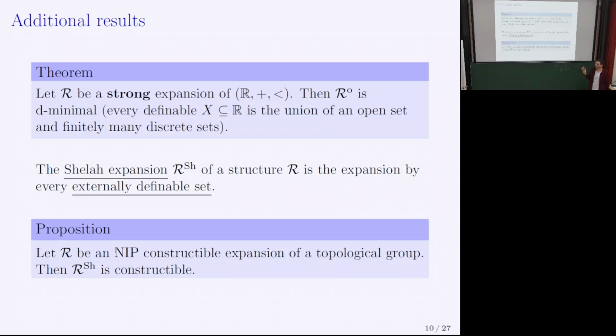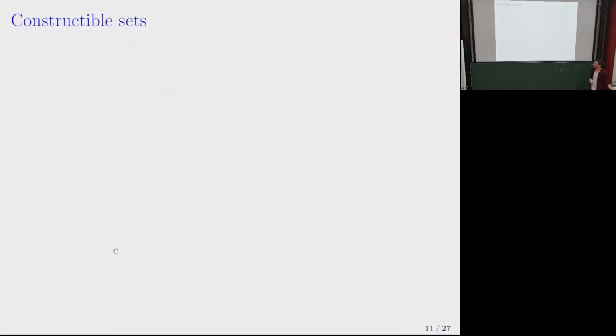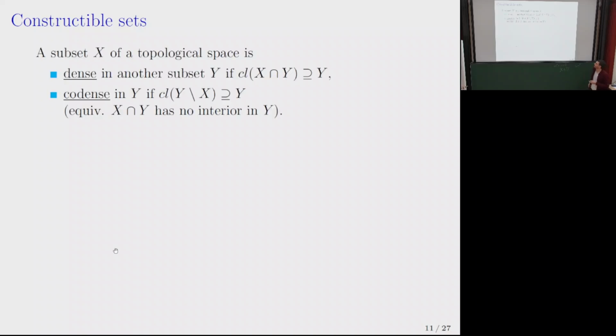All right. So with that, I think we can move to the proof of theorem A. We need to talk about two things, a bit more about constructible sets, and then about something called definably F sigma sets. So, okay, a few easy definitions. A subset of a topological space is dense in another subset Y if it's dense, and it is co-dense if the complement is dense, right?